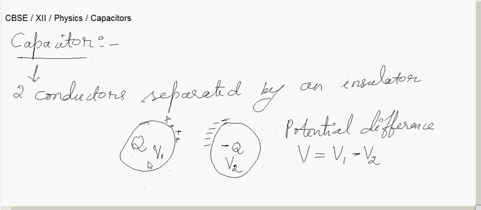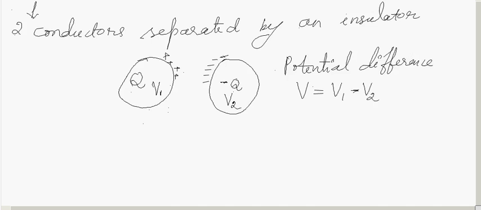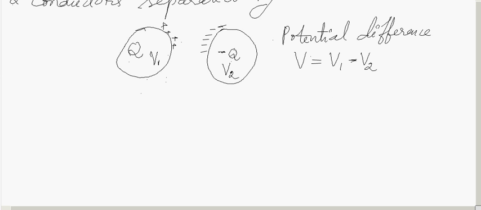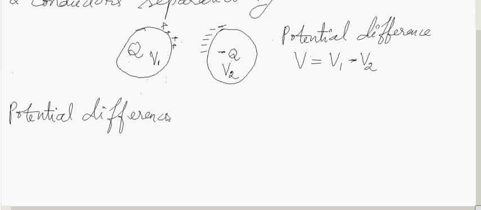Potential difference is the work done per unit positive charge in taking a test charge from 2 to 1, that is V1 minus V2.